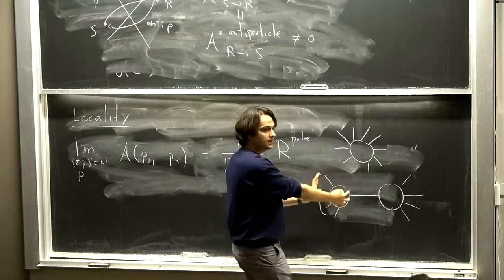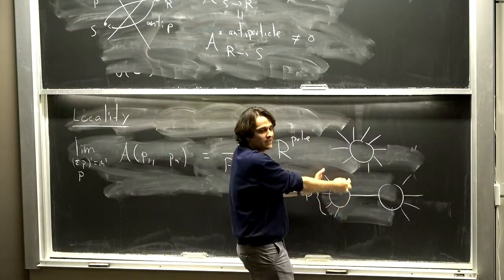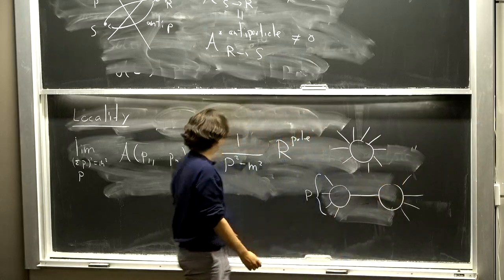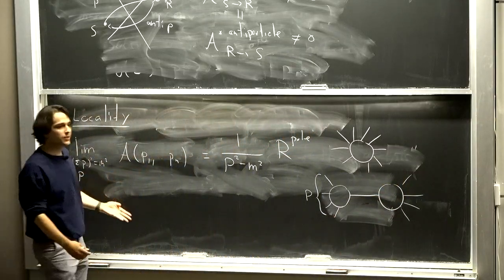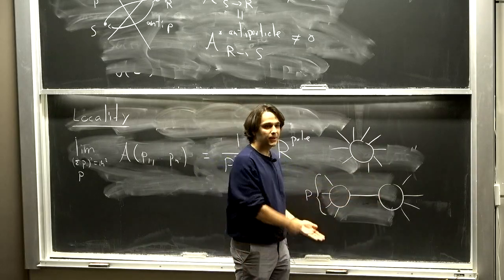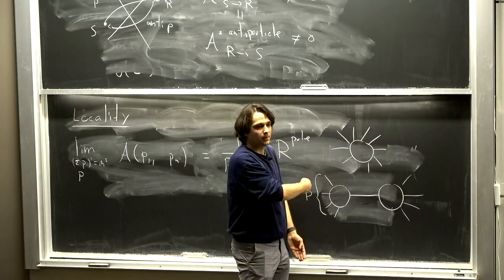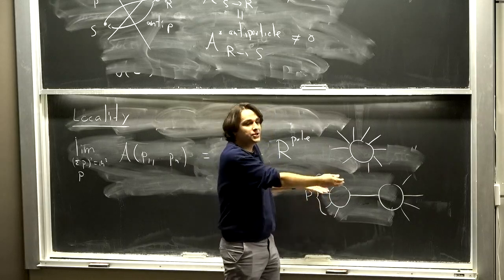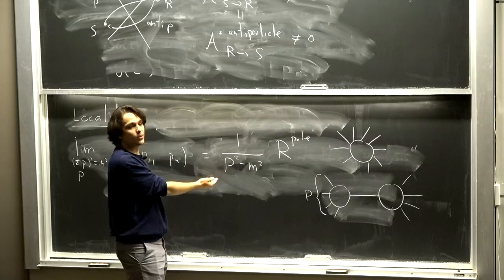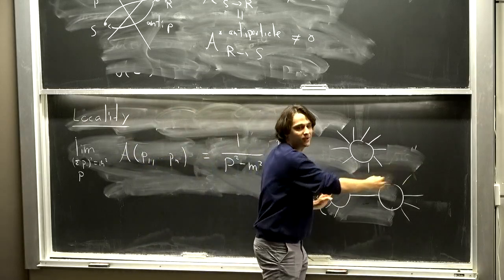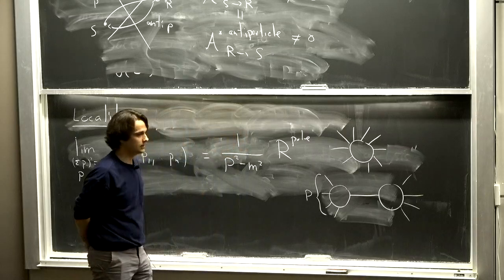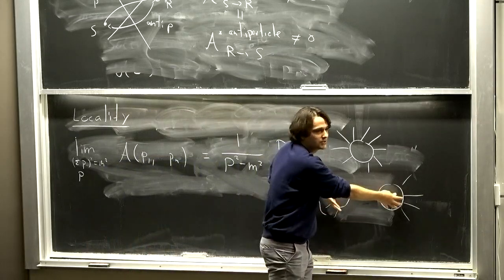Because of locality, there's some integral over points in space-time here, and another integral there. But if you go on shell, you have one too many integrals. There's an extra integral over time that is already saturated because you're on shell. It's satisfied automatically, so if you wish, it's the extra delta function that you have.